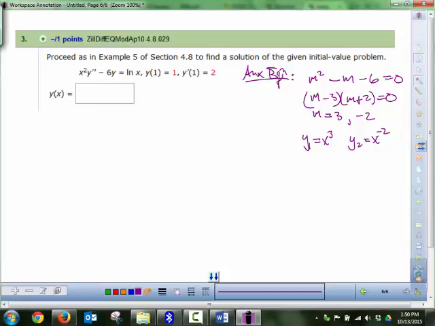So part of the theory says that we need to figure out our y is going to be y sub h plus y sub p. y sub h is the solution to the homogeneous initial value problem using this. So let's figure out y sub h right now.